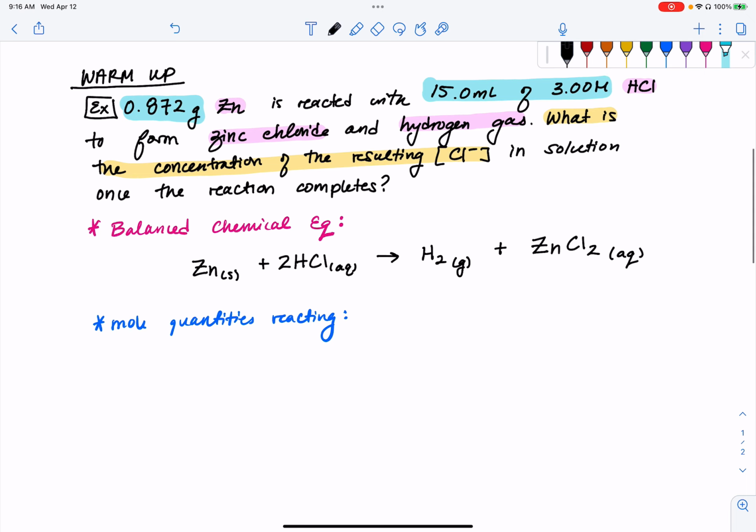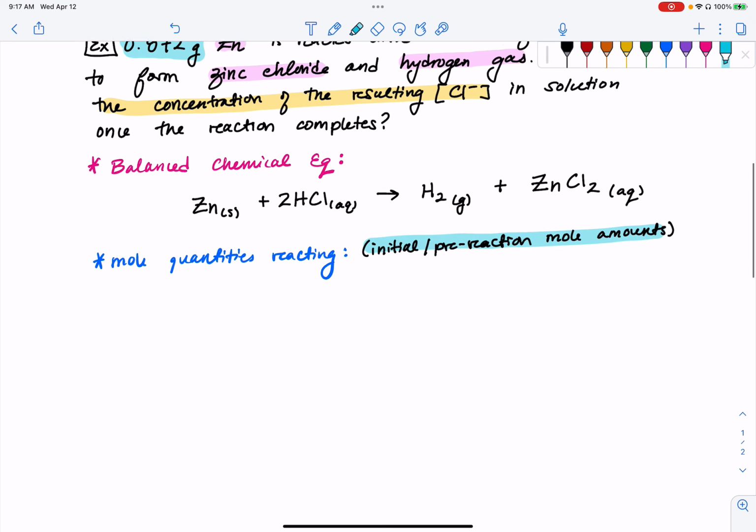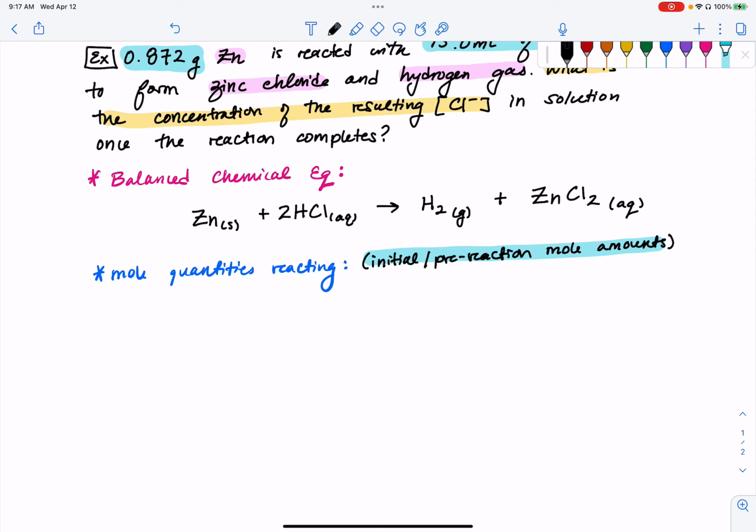So let's try to at least get our initial mole quantities. So these are our initial or pre-reaction mole amounts. All right, how about we start with our zinc?